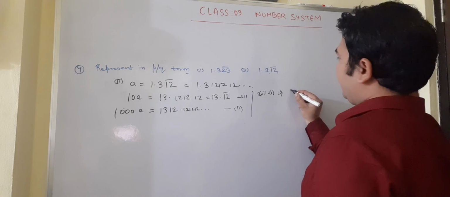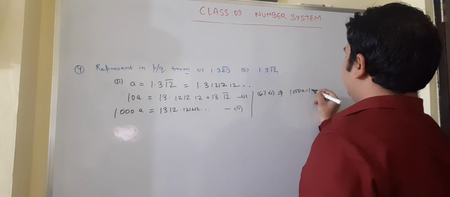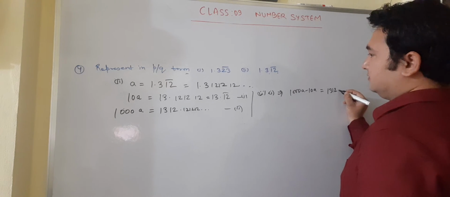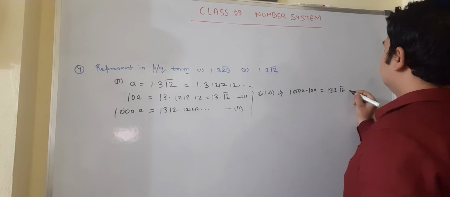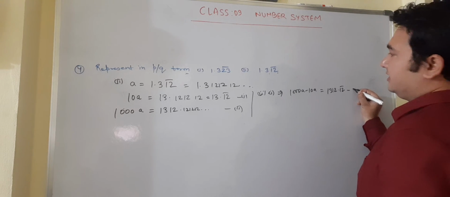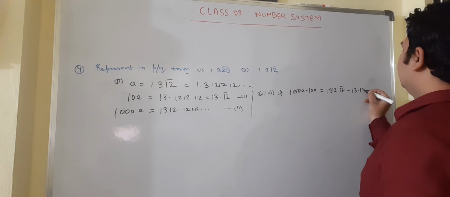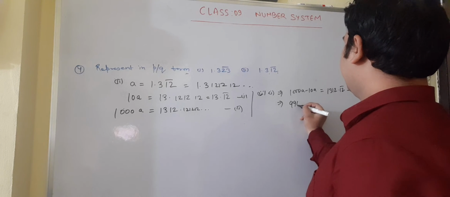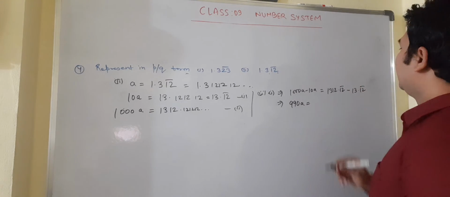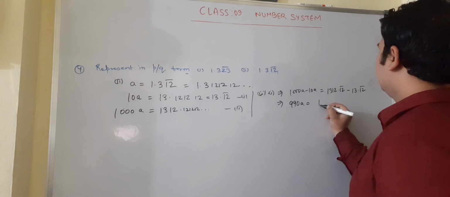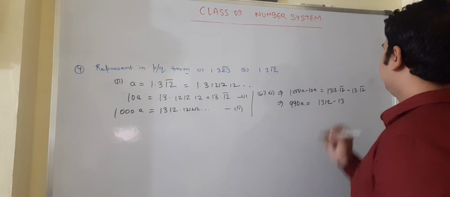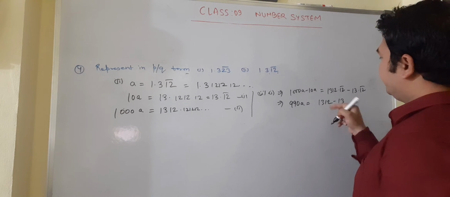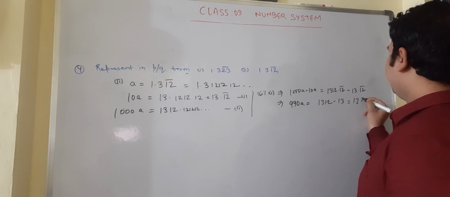This implies 1000A minus 10A equals 1312.12 bar minus 13.12 bar. From here you will get 990A equals to, this bar will get cancelled, and this will be 1312 minus 13. If you subtract 12, it will be 1300, and one more you have to subtract, so it will be 1299.